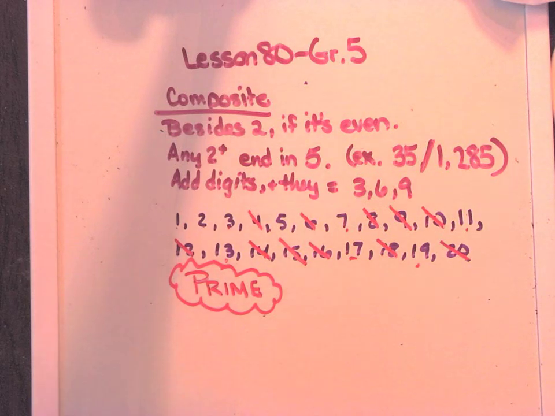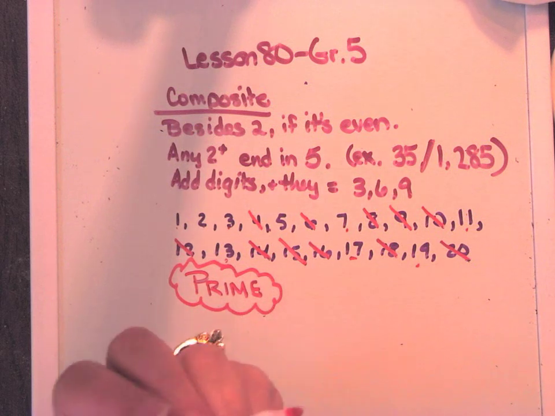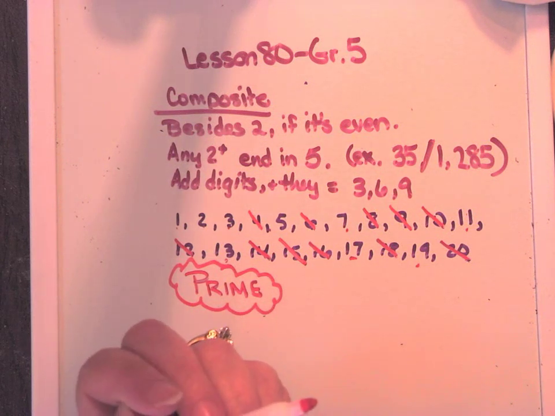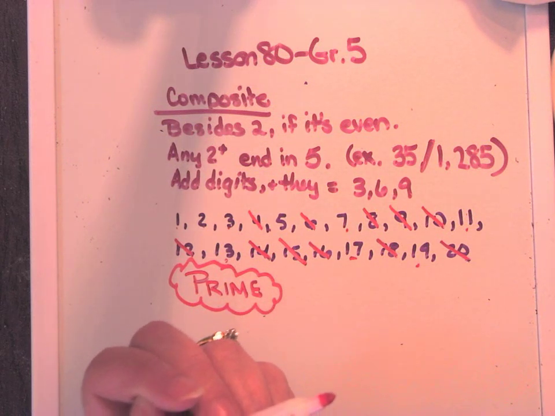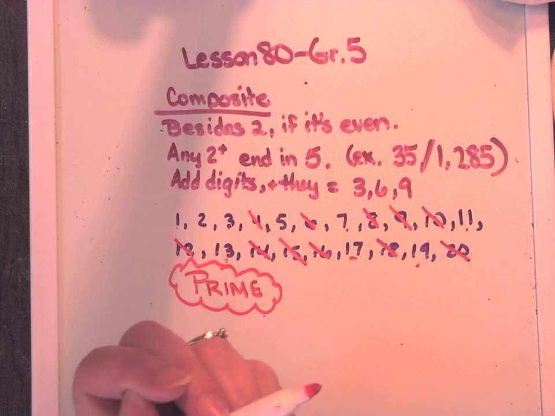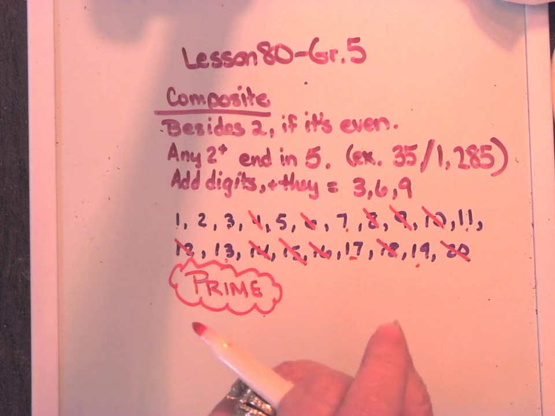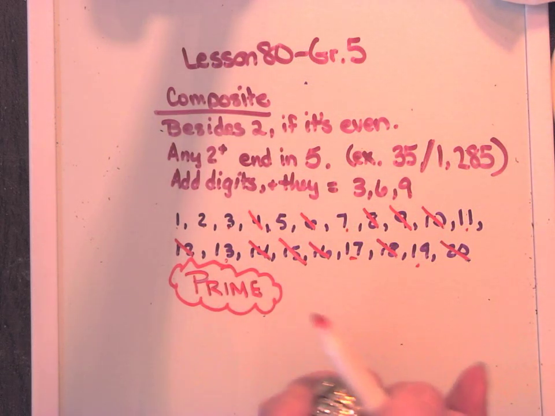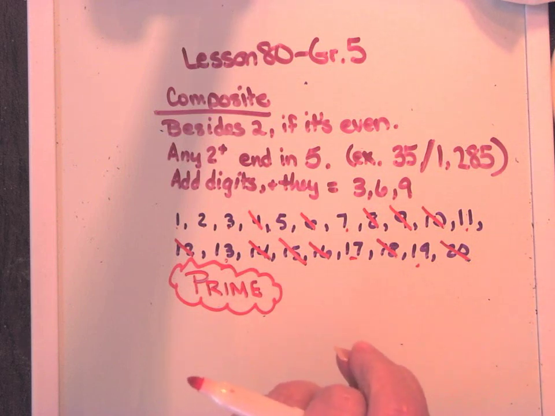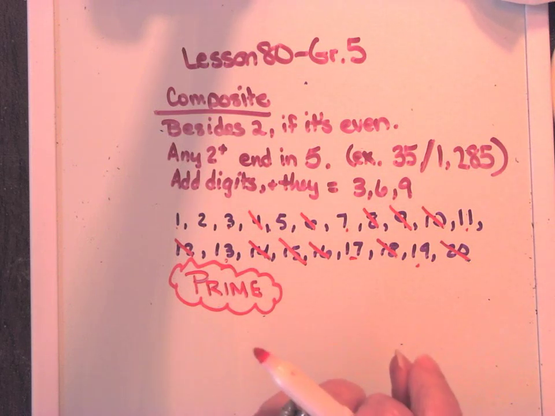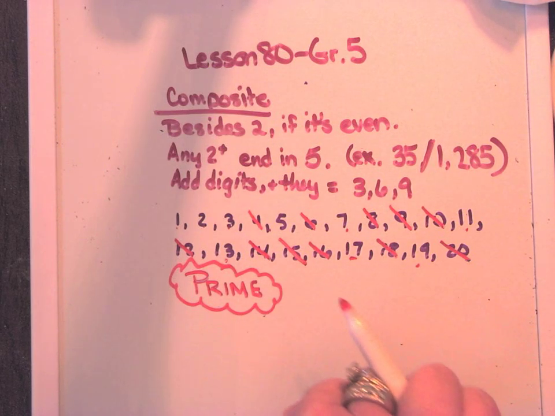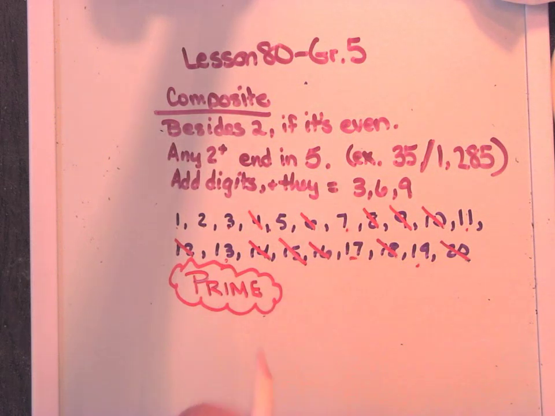Now, if you're not sure about this, I would encourage you to get out some counter type things, maybe Cheerios or snacks, or even puzzle pieces, little things that don't roll around, and see if you can make up the prime numbers.